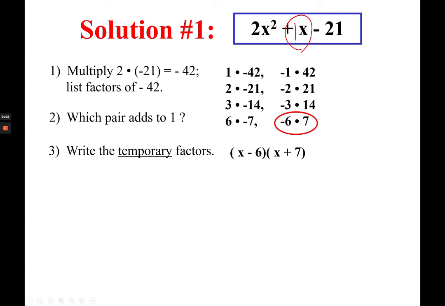We now need your leading coefficient, and we write it underneath your temporary factors. And then simplify or reduce the fractions. Only the negative 6 divided by 2 can be simplified into negative 3.